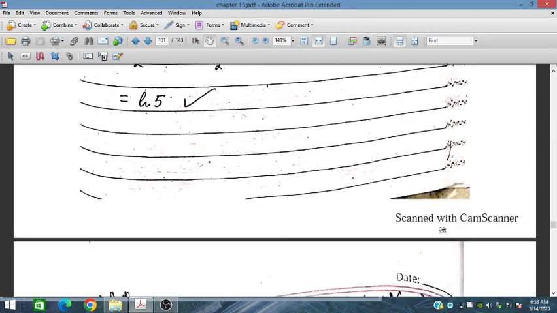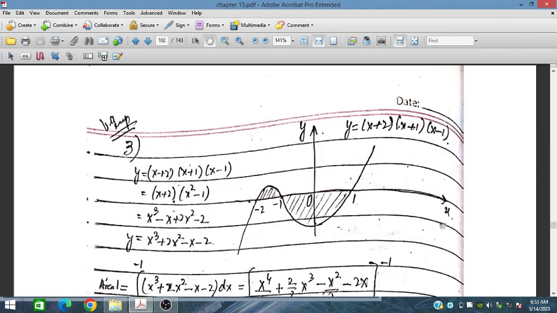Similarly for the other questions. Now question number 3. We have this function with a shaded region here and another shaded region here, from -2 to -1 to 1.